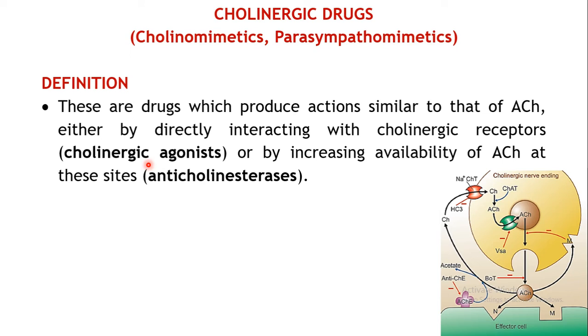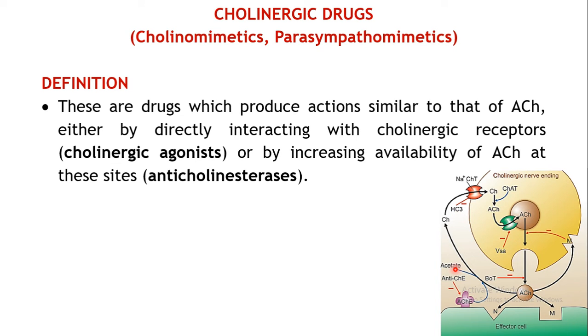Or there are certain other types of cholinergic drugs which can produce action similar to ACH by increasing the availability of ACH at these sites. Now, how can they increase the availability of ACH? What did I tell you about the destruction of the ACH? Once it is released, immediately it will get metabolized with the help of the enzyme acetylcholine esterase. It will get hydrolyzed into choline and acetate immediately.